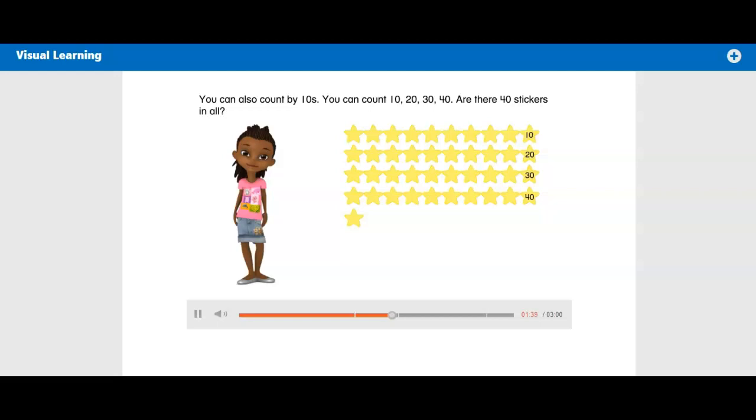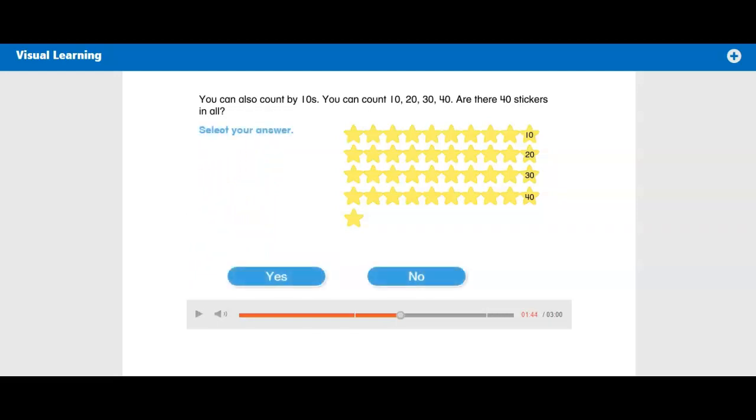Are there 40 stickers in all? We see 10, 20, 30, 40, but there's this one extra here.